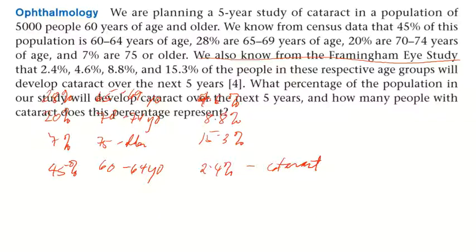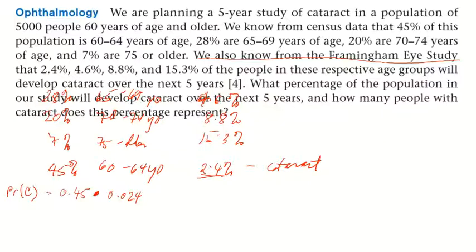So what's going to happen is, you will arrive with a long equation that might look like this. The probability of having cataract in the general population. So, first we have our 45% of the first age group, times 2.4% chance of getting a cataract in that group.